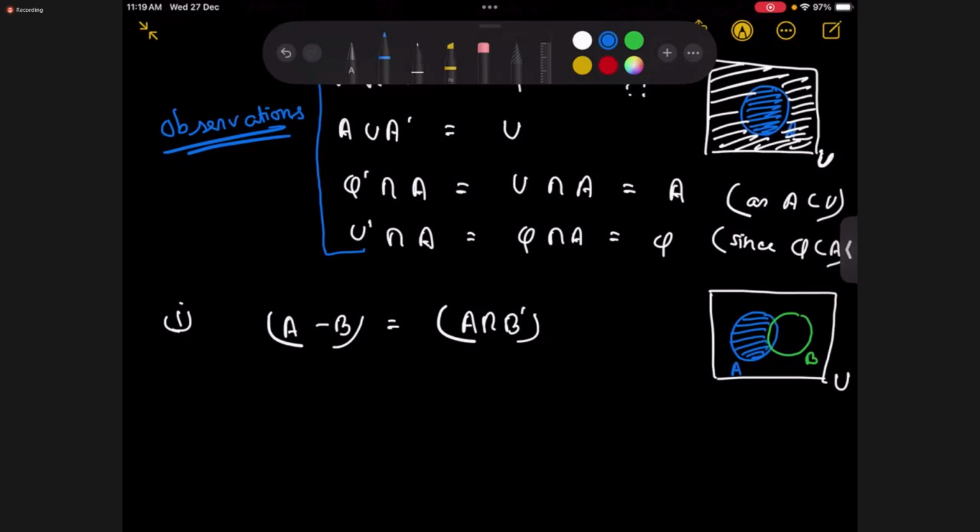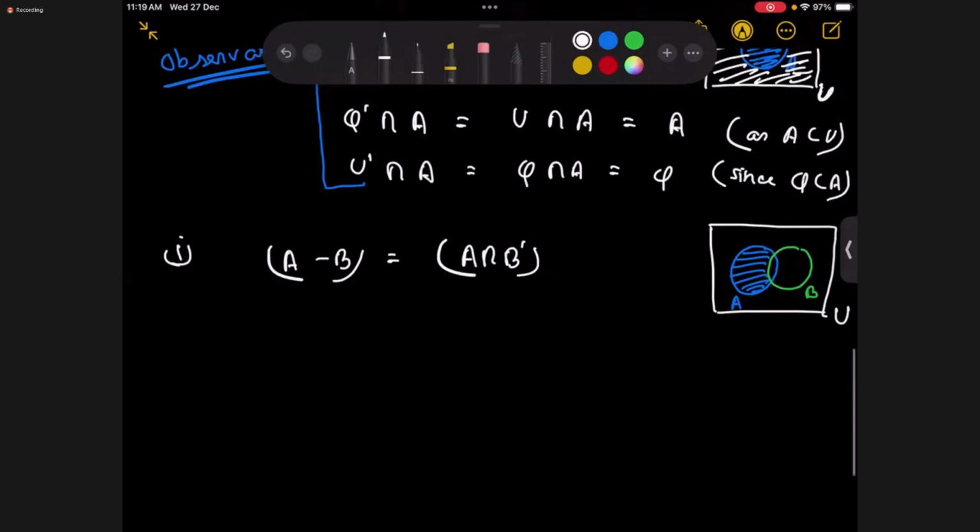Now, this is our A minus B. Now, what about A intersection B complement? So B complement means the other side of the set which contains no element of B. Okay, so if we take A intersection B complement, what will we get? Let us draw a Venn diagram again. Another U. This is our universal set. This is the set A. This is the set B. And what about the B complement?